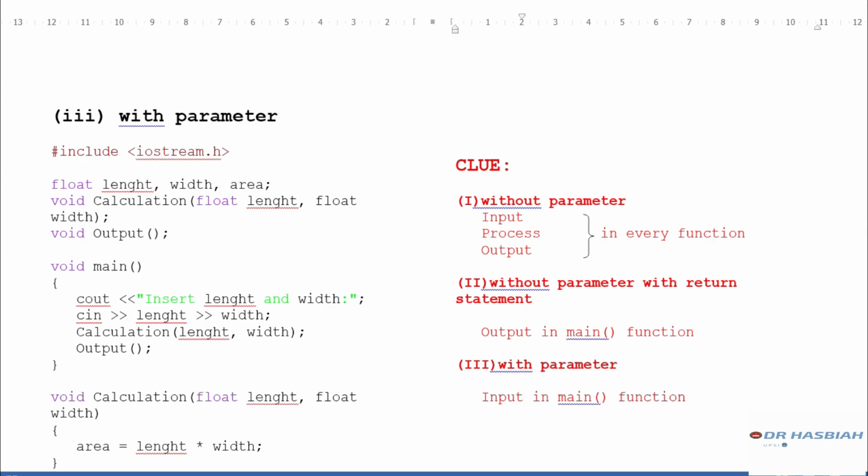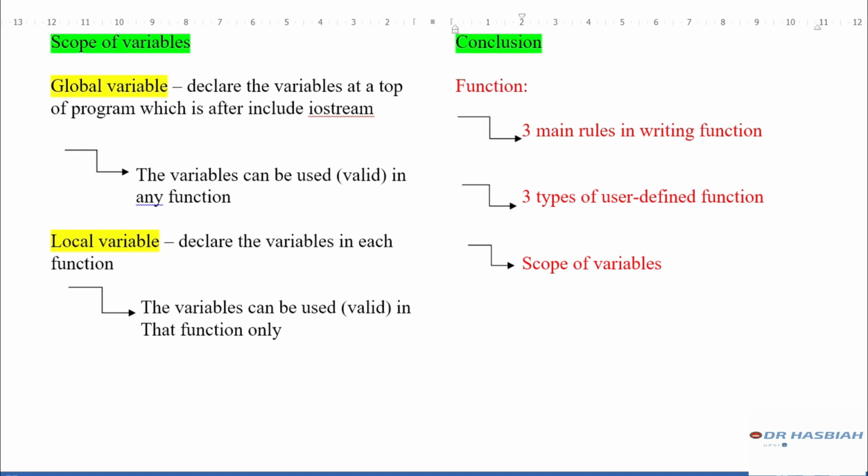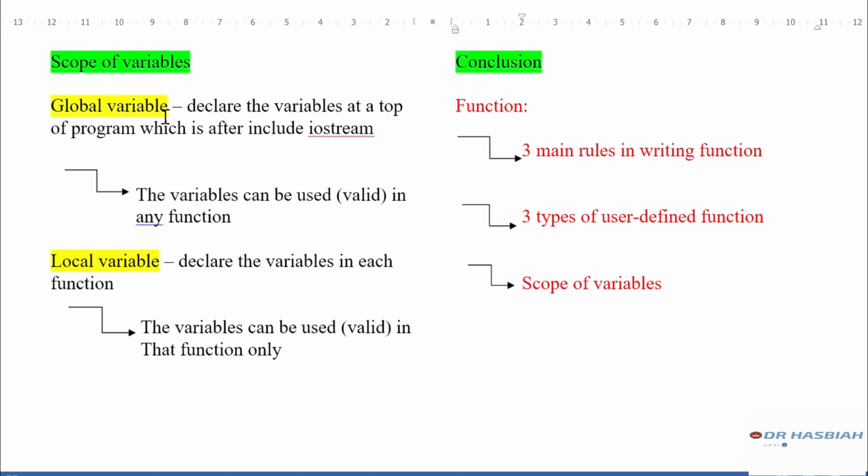These variables we call global variables because you declare them at the top of your program after include iostream. So these variables can be used anywhere in your function, in any function. It's valid in any function.